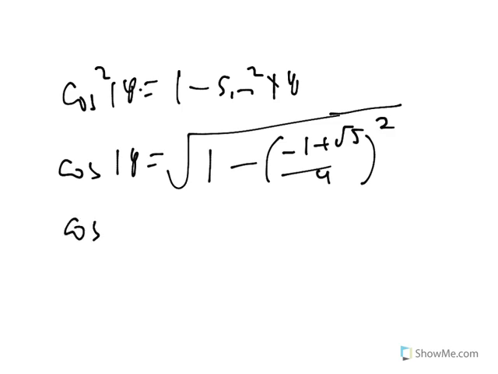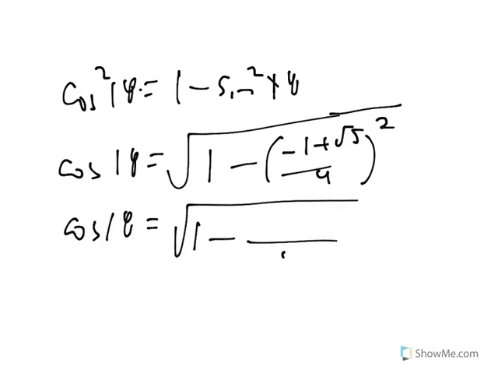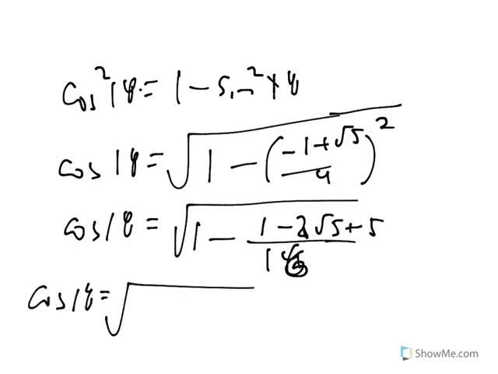Pretty ugly expression. Maybe I can clean it up a little bit. 1 minus, over 4 over 16, sorry, 1 minus 2 root 5 plus 5. Change this to 16 over 16, so 16. 1 plus 5 is 6. 16 minus 6 is 10. 10 minus 2 root 5 over 16.